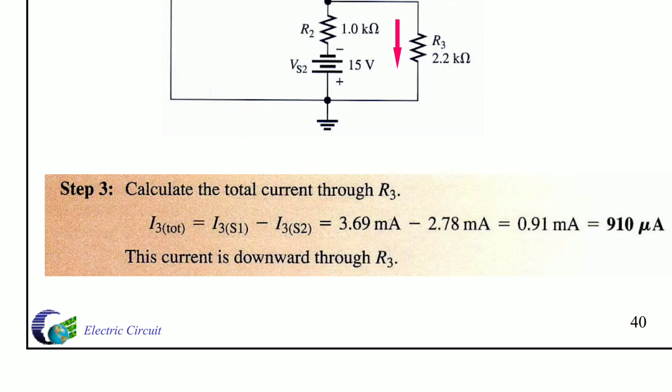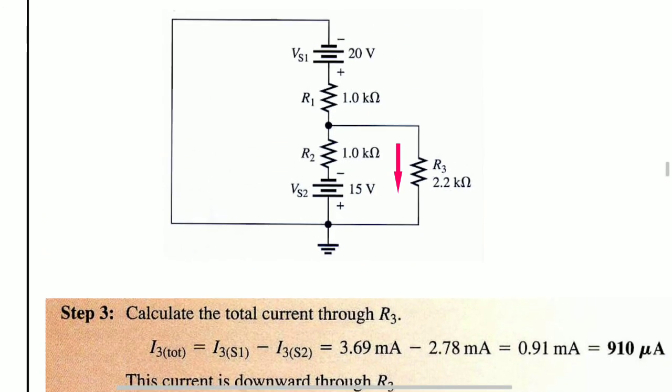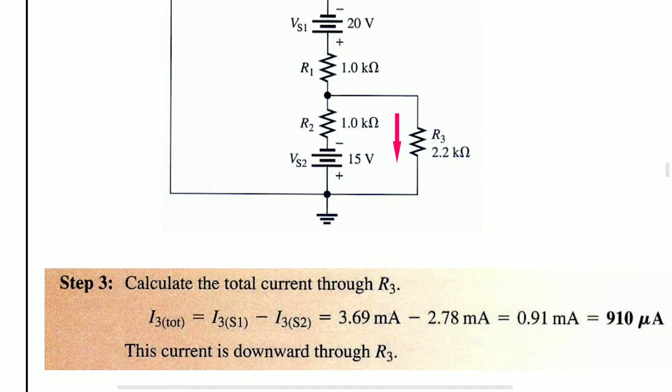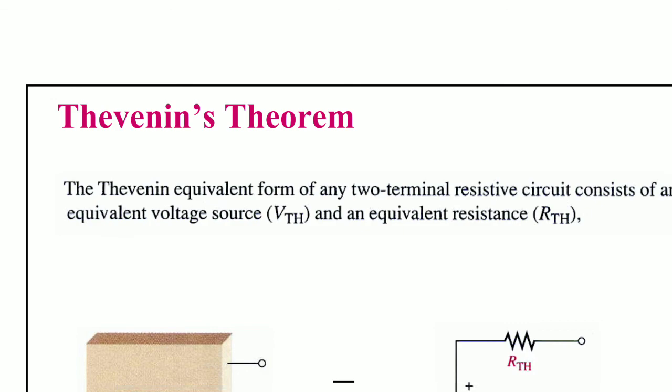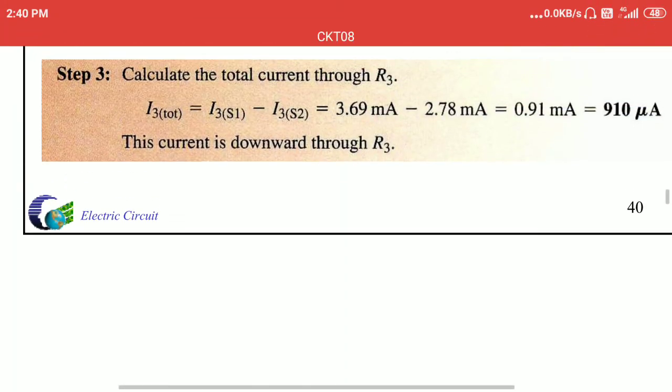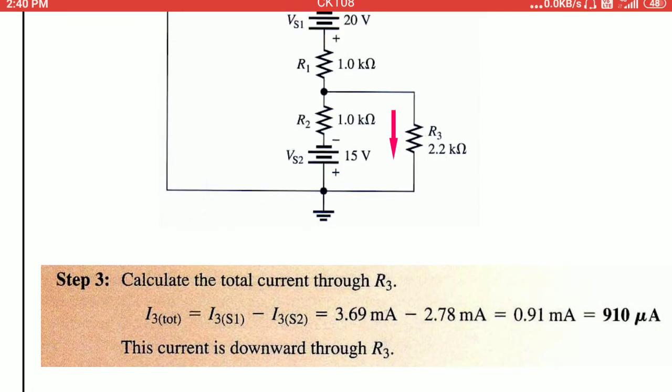Since the currents are in different directions, we subtract: 3.69 milliamps minus 2.78 milliamps gives 0.91 milliamps, which is equal to 910 microamps. This current is downward through R3. So the superposition theorem is completed.